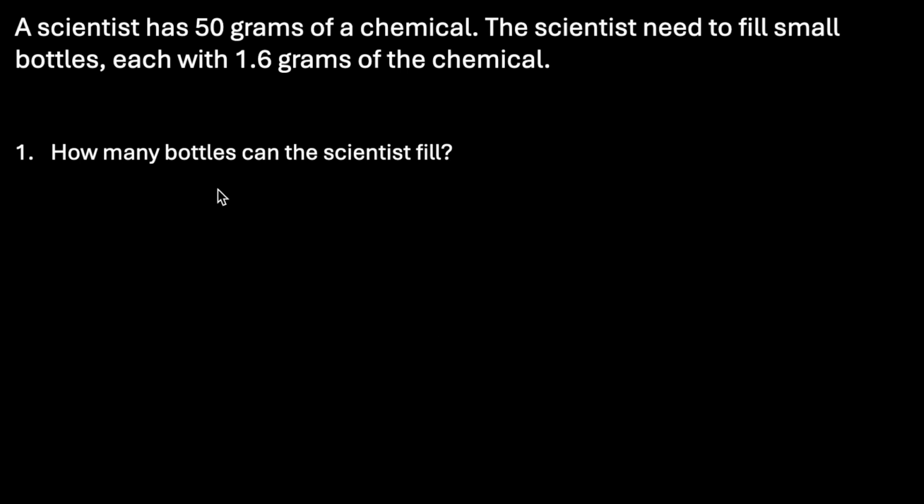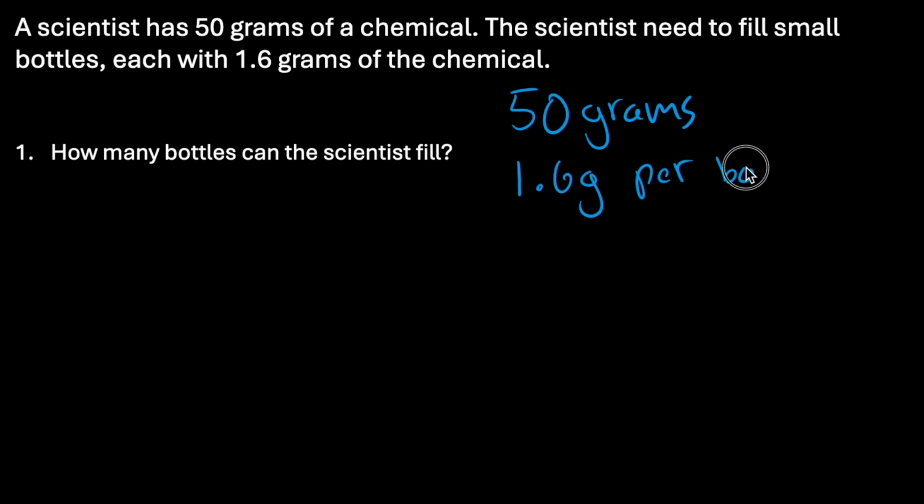First question, how many bottles can the scientists fill? The total is 50 grams of the chemical, and the scientists need to fill each of these bottles with 1.6 grams per small bottle.